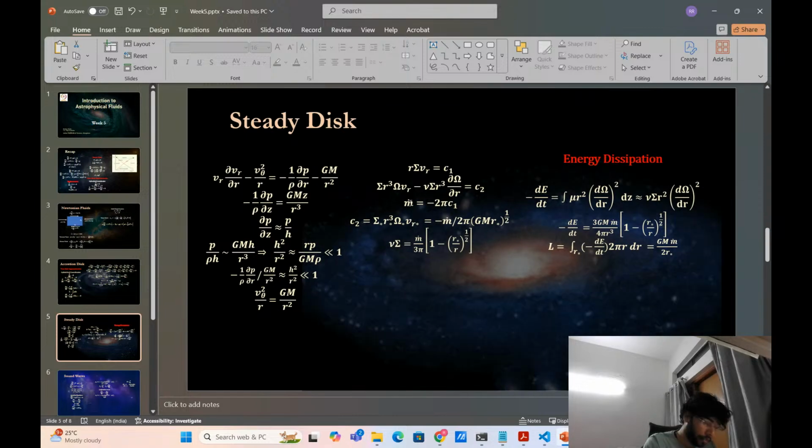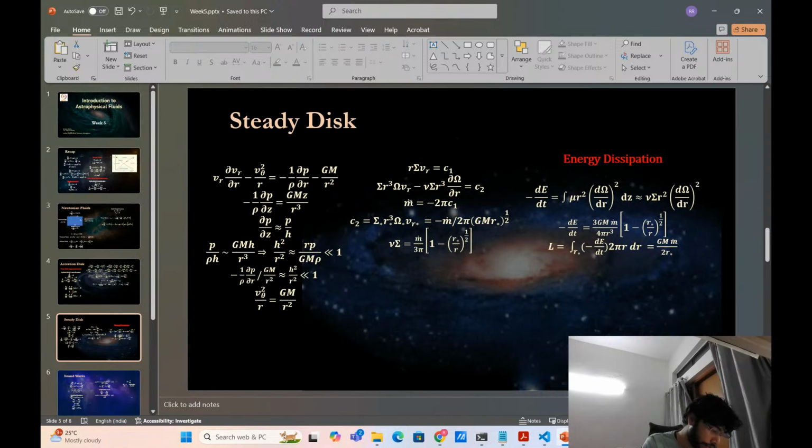As we saw, 2 pi r sigma VR, if we separate that and divide by 2 pi, we are left with r star square omega star.